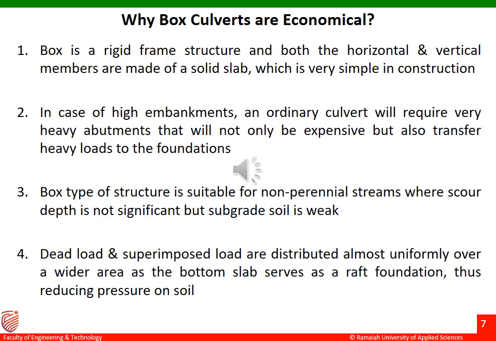Since you have more area for the distribution of the load from any vehicle, or whatever purpose you have made that culvert for, that load will get distributed over the wider area. In other words, the bottom slab acts as a raft foundation, so that reduces the pressure on the soil. So in that way box culverts are economical compared to the other types of culverts.